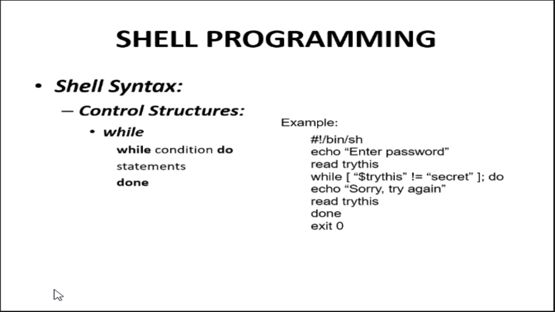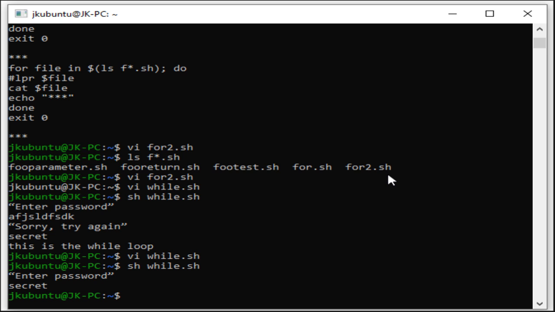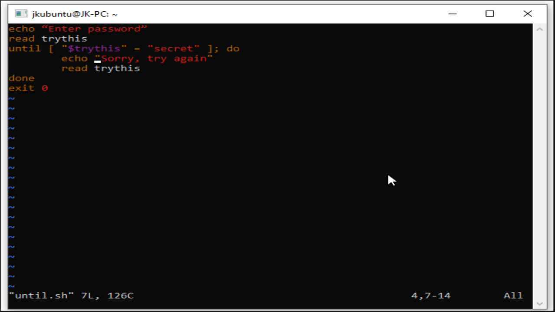Similarly, we have the until condition. This is an example code regarding the until condition, where we need to write the condition. Until the condition is satisfied, it will execute the statements in it. Now I will show you an example here. I will execute it.